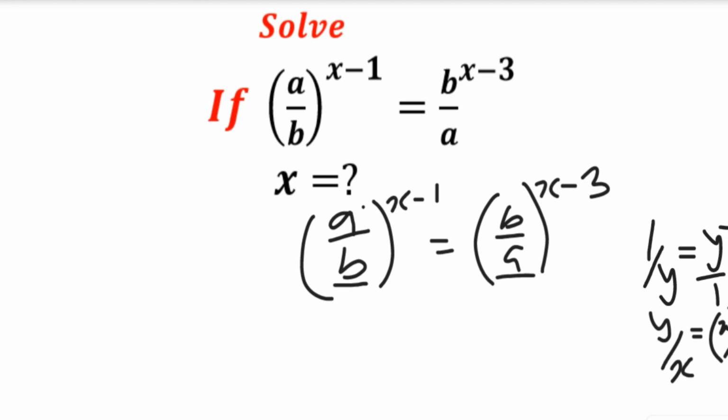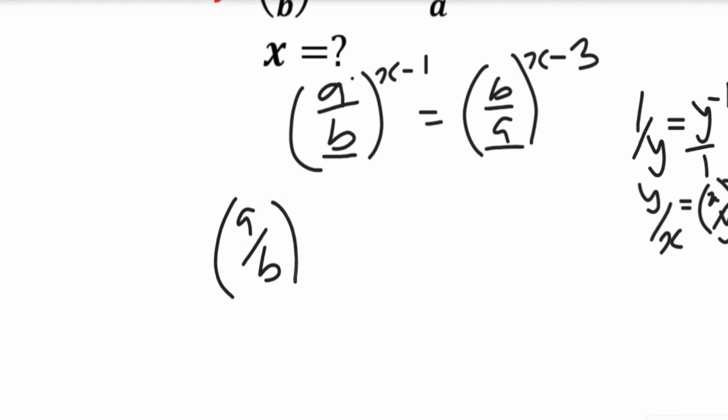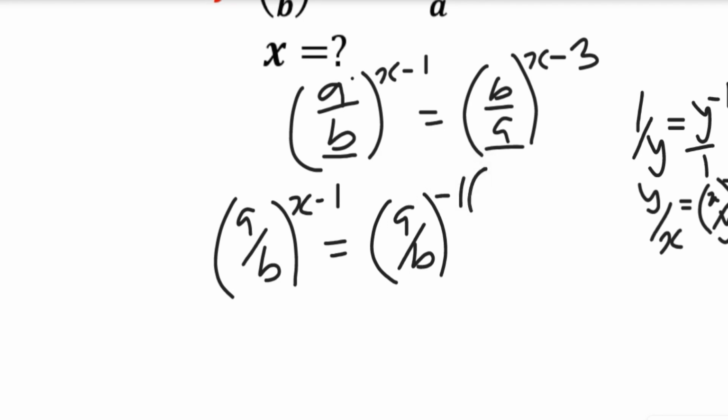So if we apply that to our question, we are going to find out that we'll have (a divided by b) to the power of x minus 1 to be equal to (a divided by b) to the power of minus 1 multiplied by x minus 3, because the minus 1 has taken the reciprocal, has made this base reciprocated.